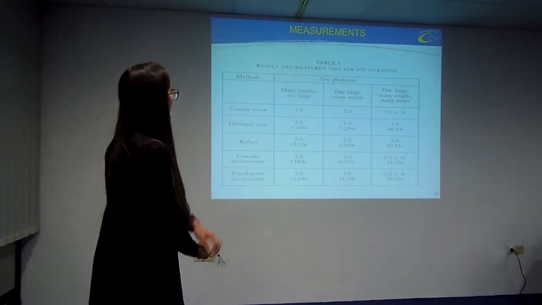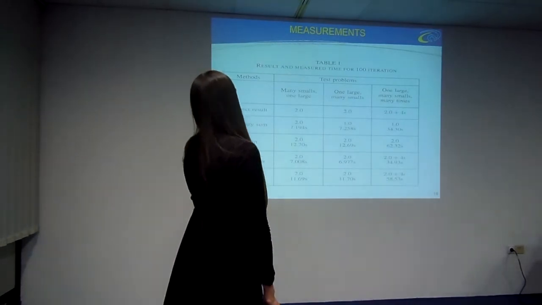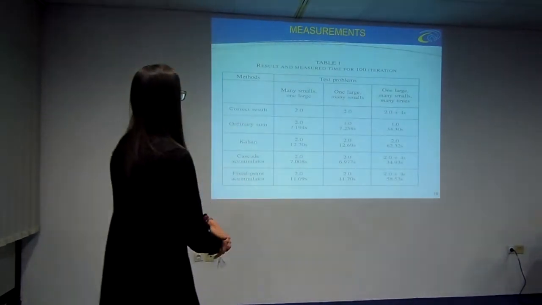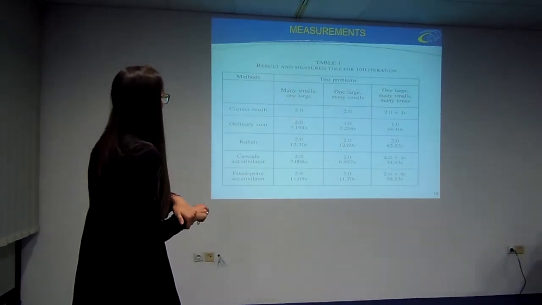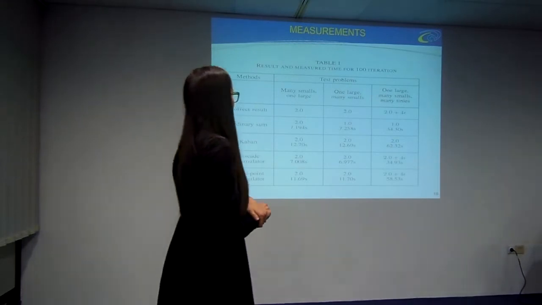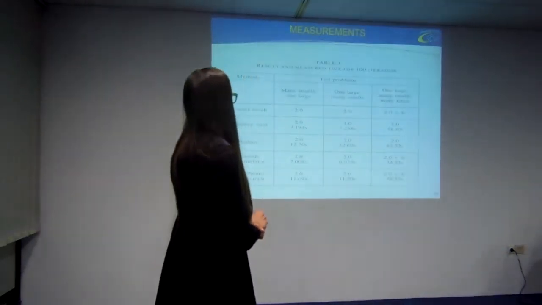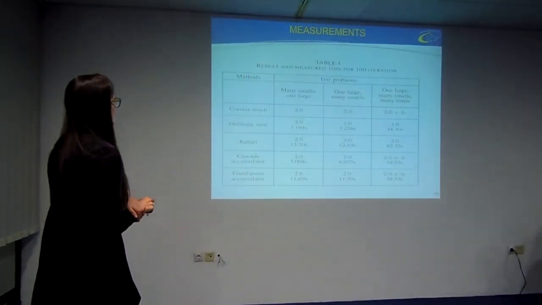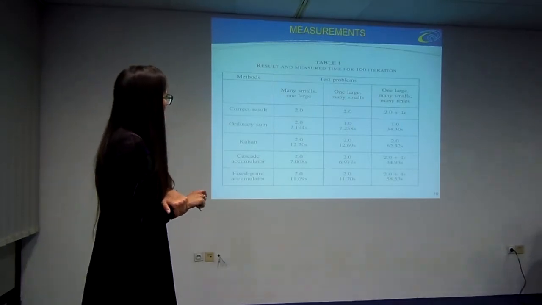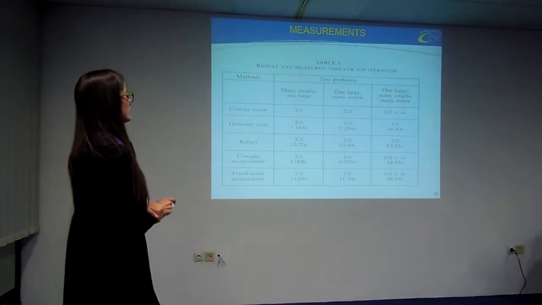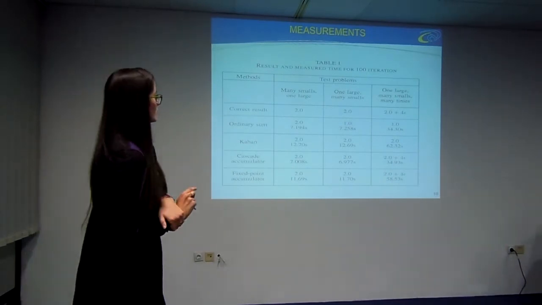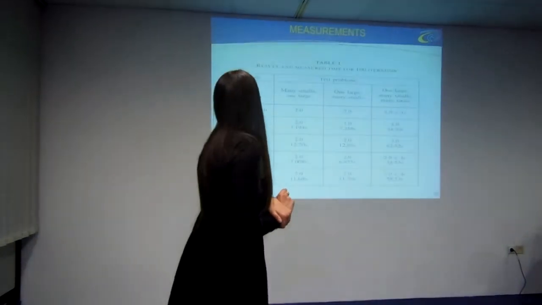Here we have a table in which two numbers are shown for each method and problem. The first represents the value obtained by the algorithm, and the second presents the time required for execution of the problem in 1,000 iterations.